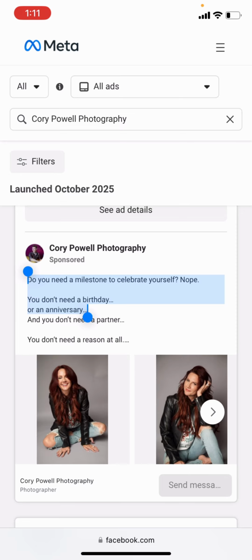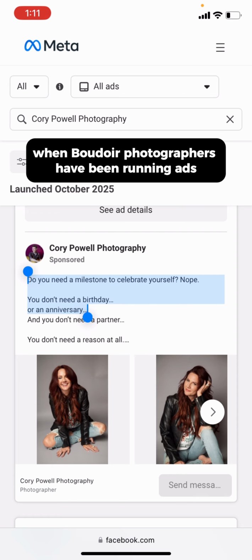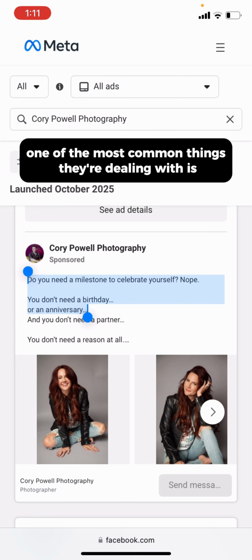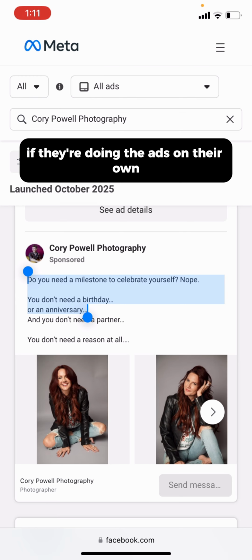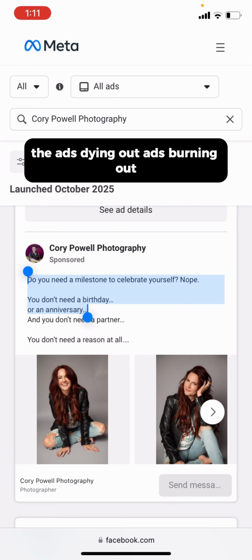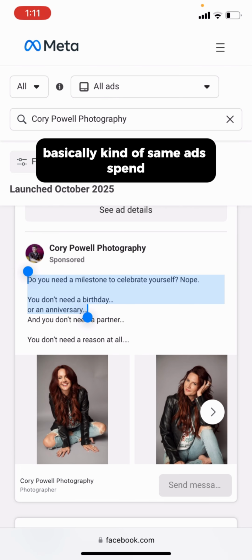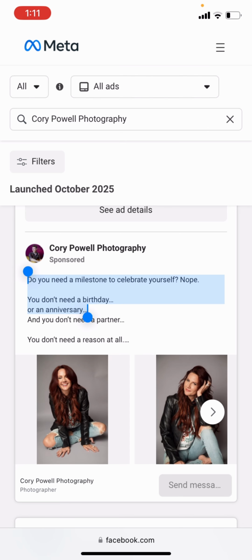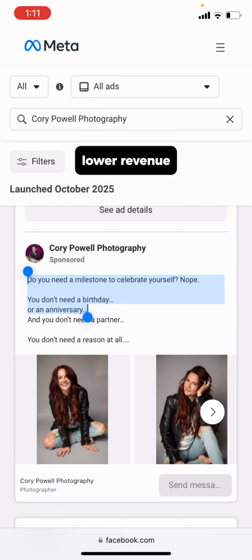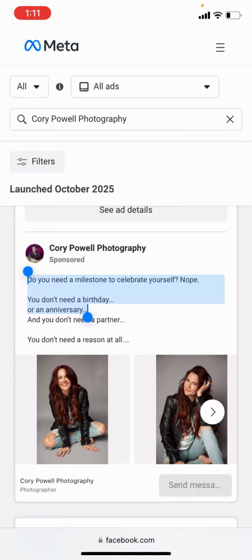Boudoir photographers have been running boudoir Facebook ads for a long time. One of the most common things they're dealing with, if they're doing the ads on their own, is the ads doing worse and worse over time, the ads dying out, burning out: same ad spend, lower sales. It starts out good, but then same ad spend, lower sales over time, lower revenue, fewer clients, fewer perfect-fit clients.